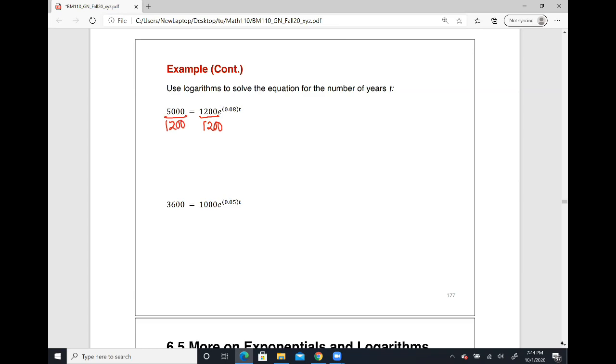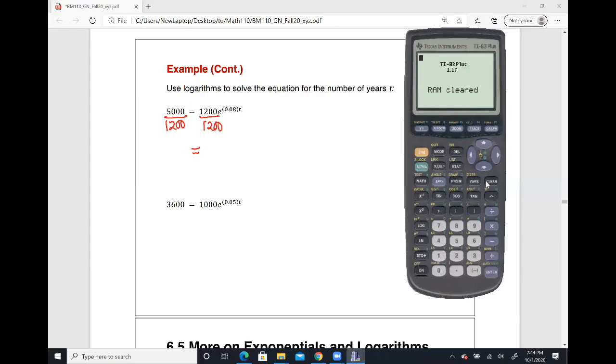So now the left hand side will be 5,000 over 1,200, that is 50/12. Actually, I'm going to use a calculator for this. So let me open my calculator. I will have 5,000 divided by 1,200 and then enter. Oh, it's not a good number.